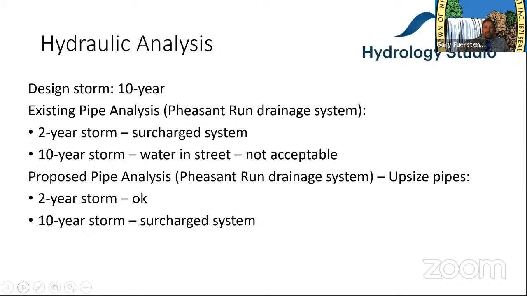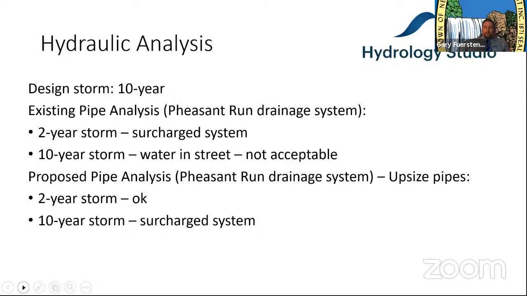They're not designed to be pressure pipes. When we analyzed the 10-year storm, the system was overflowing and there's water in the street, and that's simply not an acceptable condition. So what we're saying is that the piping network in Pheasant Run is undersized.